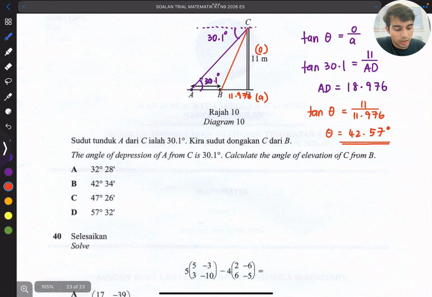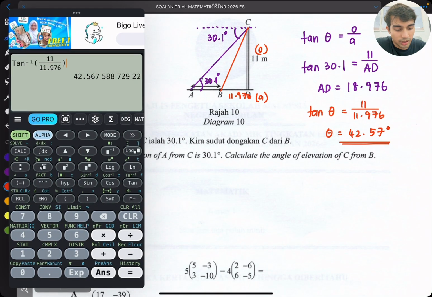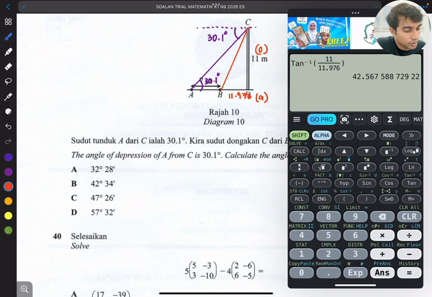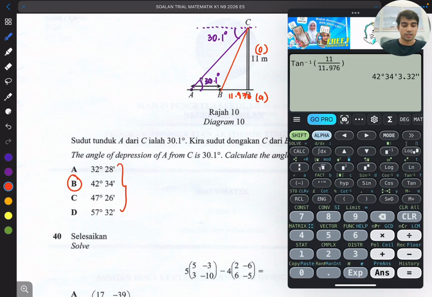This will be our angle. Oh, they want us to give in degrees and minutes. So we press this button. 42.34. B. But there are no other 42s, so only option is B.